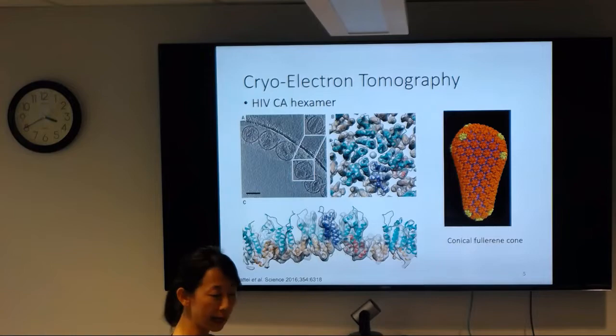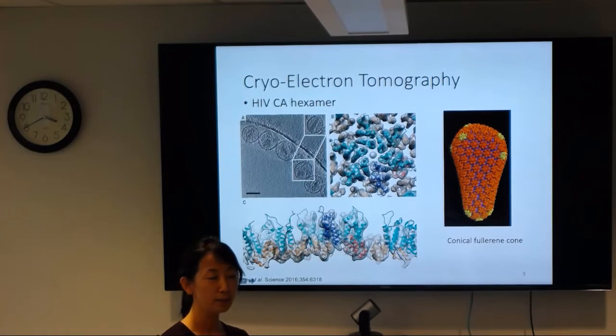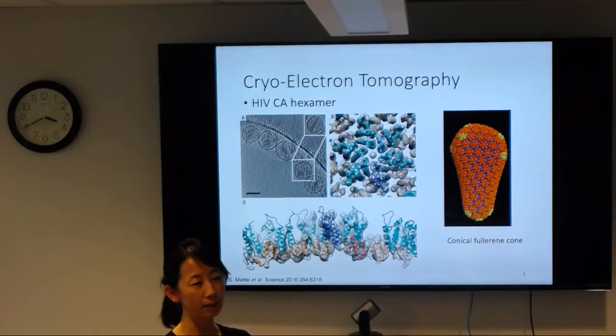Once you have that resolution, you can fit the subtomogram average model into those capsid proteins. So why is it important? The HIV capsid protein is not a new target for structural study. People have been doing it by, for example, cryo-EM single particle.